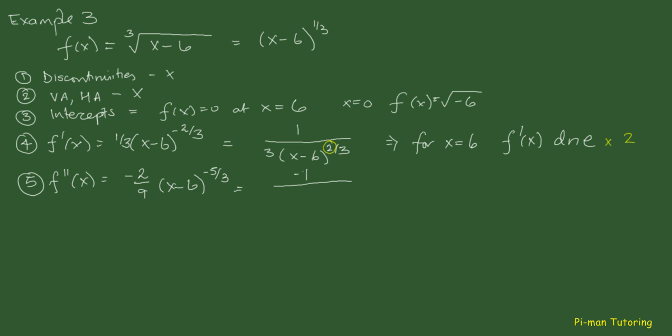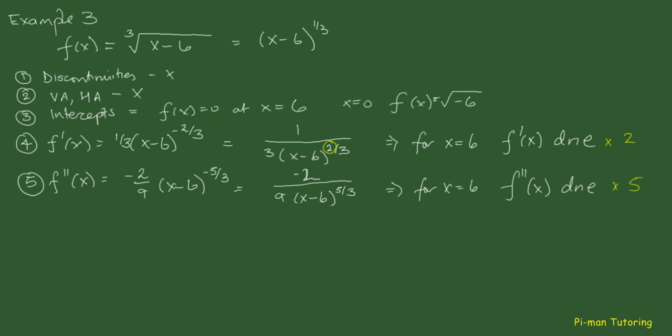We can put negative 2 on top, 9 on the bottom, x minus 6 to the positive 5 over 3. And therefore, for x equals 6, f double dashed of x does not exist. And we've got a power of 5, so it's times 5.